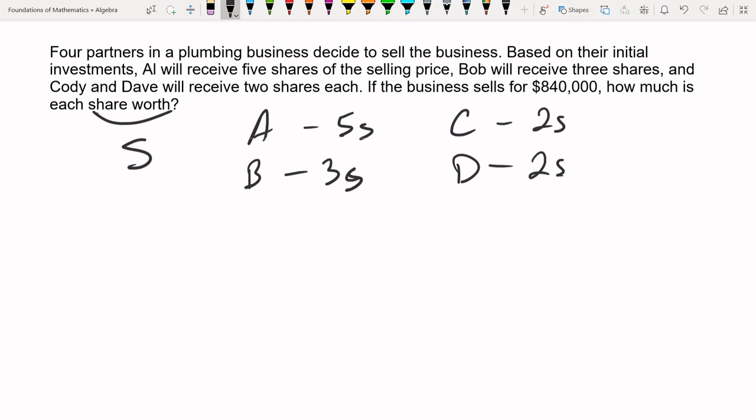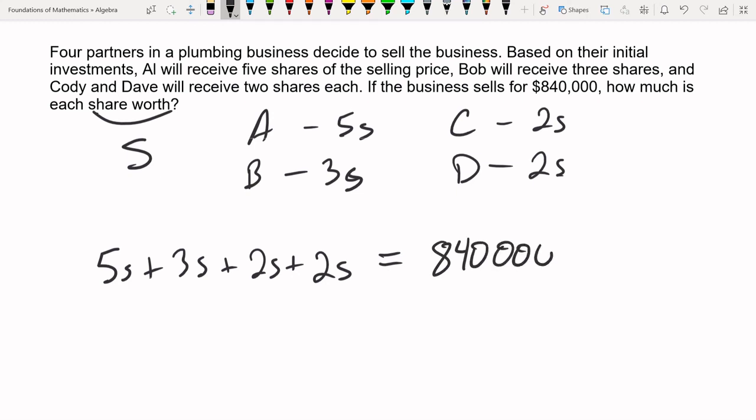Well, all we're really doing here is adding up all of the shares that were given out and seeing how much of that becomes the $840,000. So all we have to do is add up all of the shares: Al's shares, Bob's shares, Cody's shares and Dave's shares. And all of this must equal $840,000.